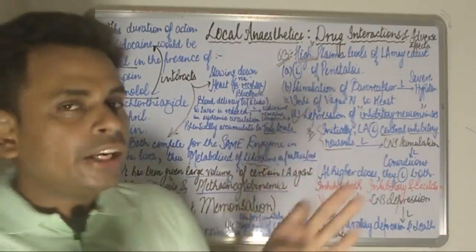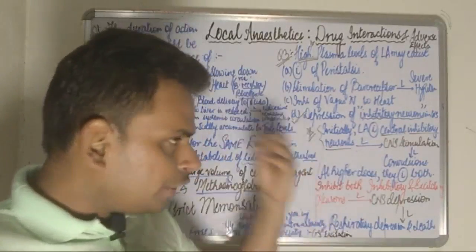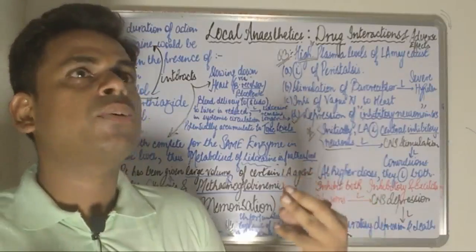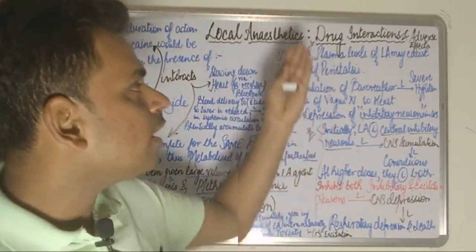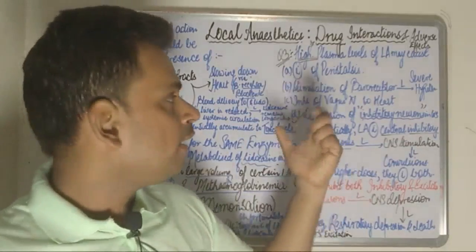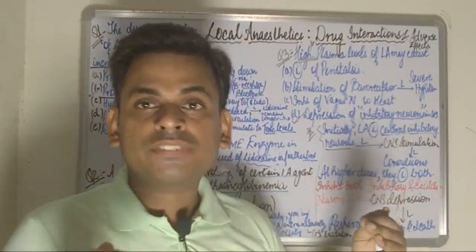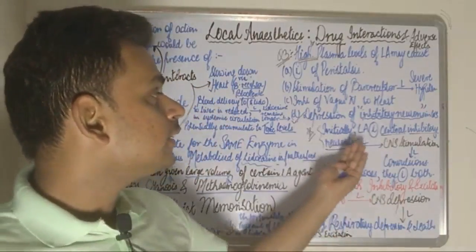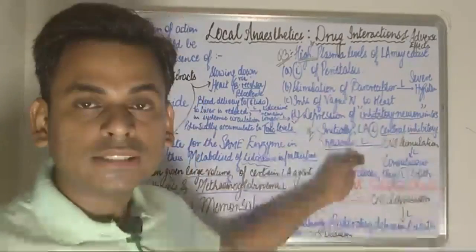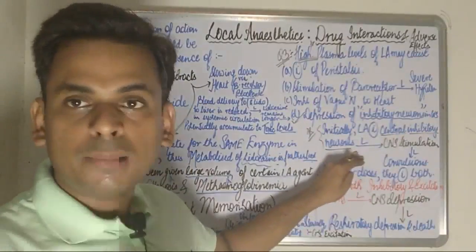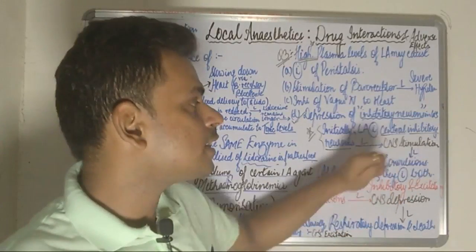Initially, when a local anesthetic is administered at a higher level and its plasma level increases, the initial adverse effect mostly seen is that the central inhibitory neurons get inhibited, leading to CNS stimulation.